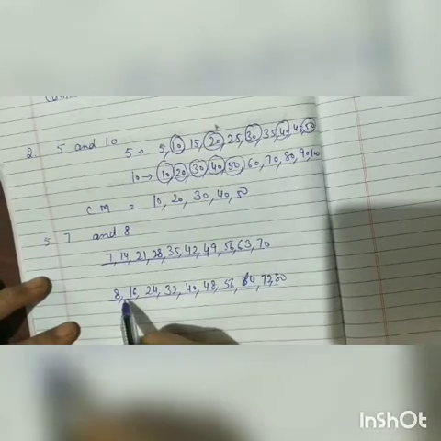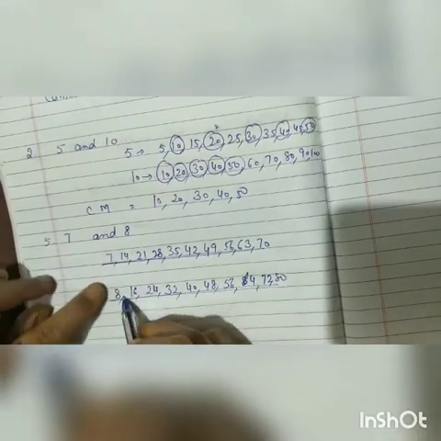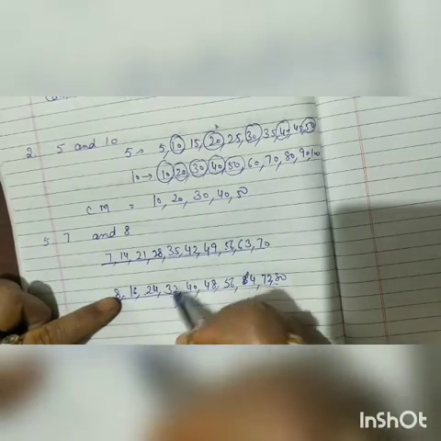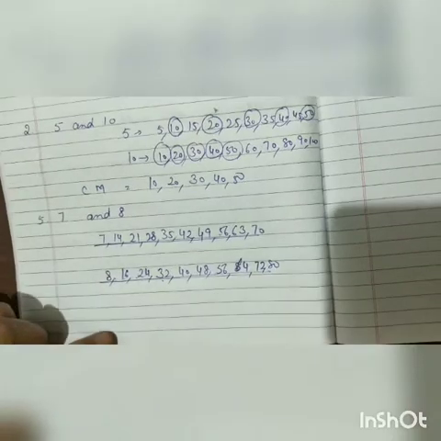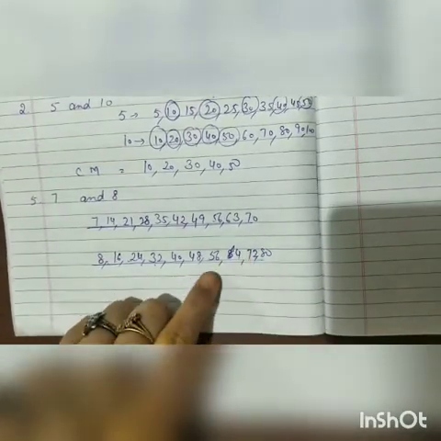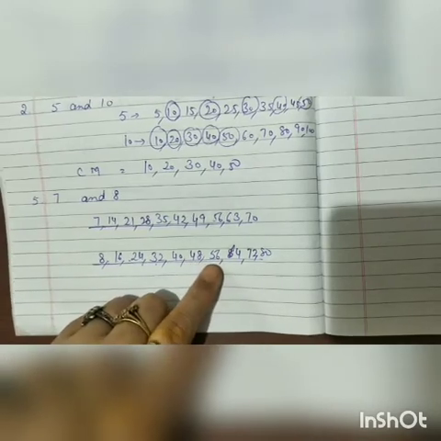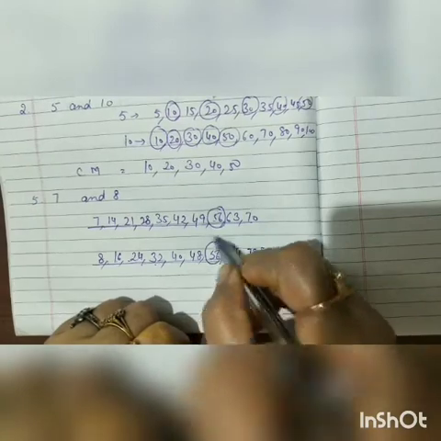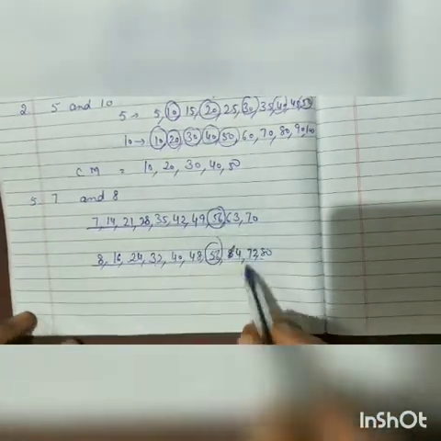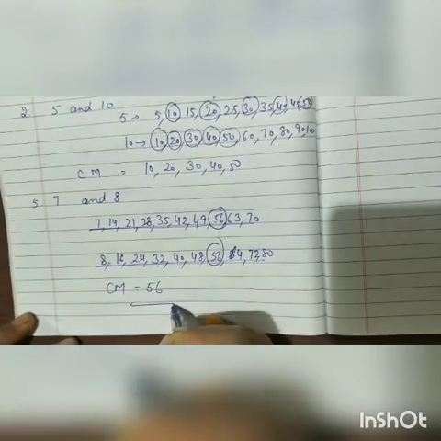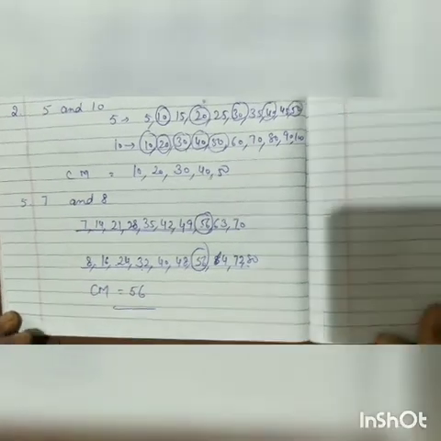So what are common multiples? 7 is not common, 21 is not common, 32 is not common. So what is common? 56. Only 56 is a common multiple. So the common multiple of 7 and 8 is 56.